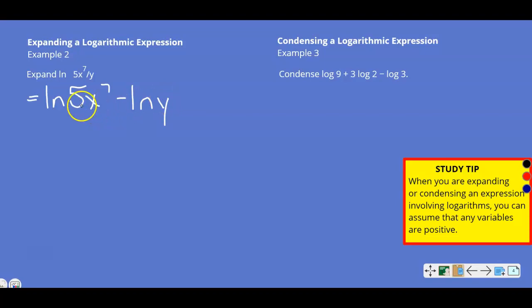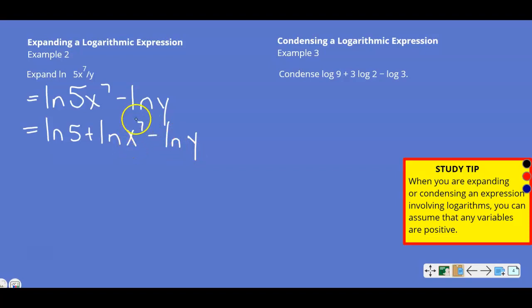Then I have a product property. I've got 5 times x to the 7th, so we know that that is addition. So we're going to say ln 5 plus ln x to the 7th minus ln y.